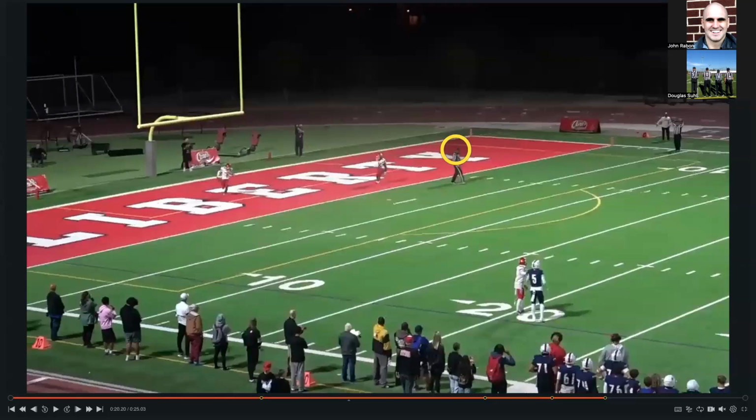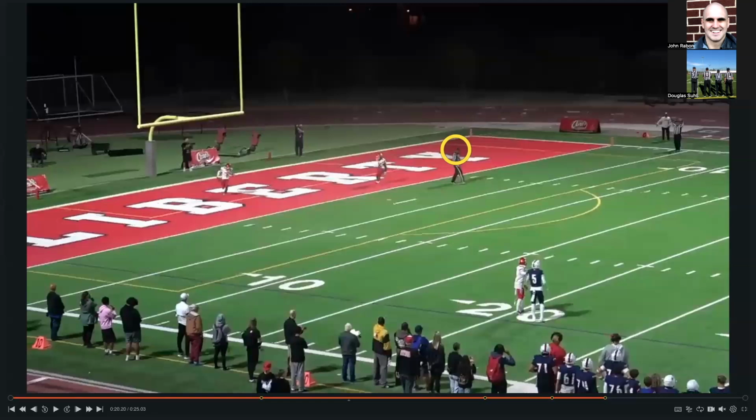So not only did we wave off the flag, but anytime you have momentum, the caveat in why momentum comes into play is that by rule, without momentum, that play would have resulted in a safety, not a touchback.